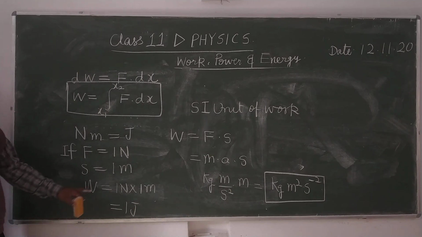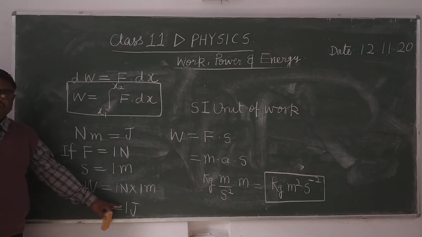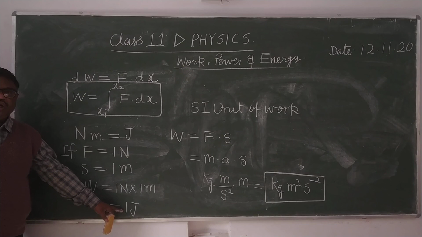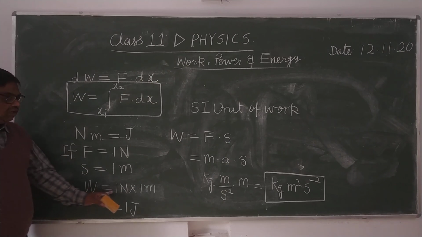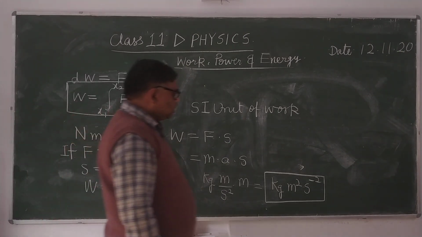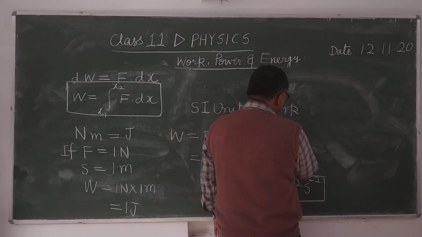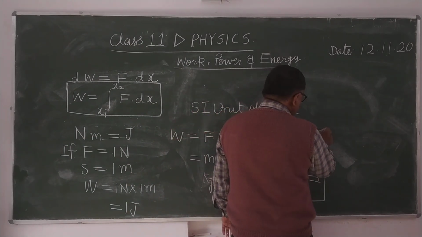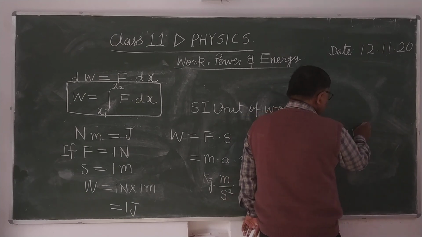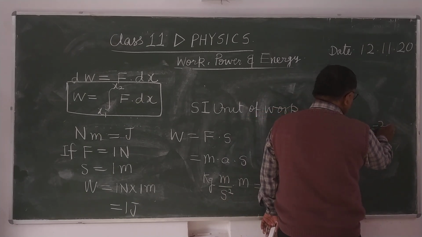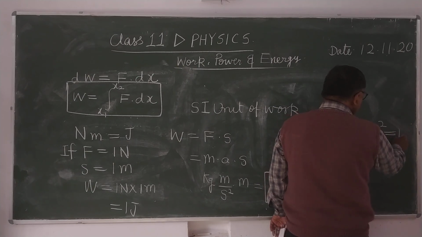Work is said to be 1 Joule when a force of 1 Newton displaces the body in the direction of force by 1 meter. It's clear? So all these units are the same: 1 Newton meter, 1 kg meter square per second square equals 1 Joule.